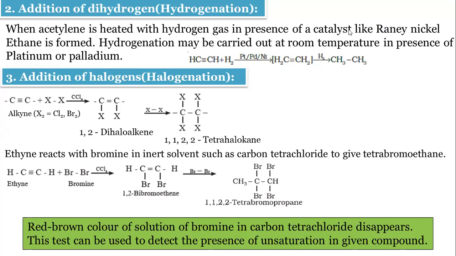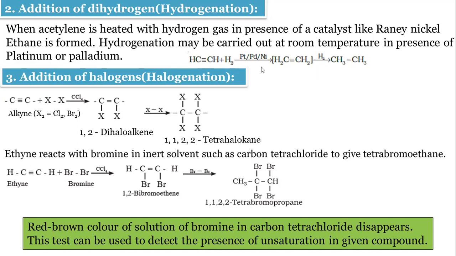We discussed this reaction in the methods of preparation of alkynes also. When the triple bond has to be converted, hydrogen is added and these catalysts are used: Raney nickel or platinum or palladium. Actually, with Raney nickel the reaction takes place at higher temperature, but with platinum and palladium it takes place at room temperature. So the triple bond is converted into single bond.